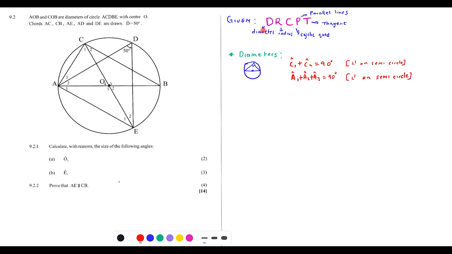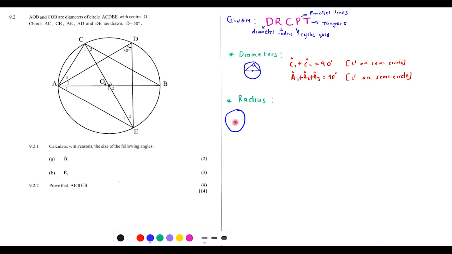The next one here is radius. Do we have radius here? Of course we do: OA, OC, OB, OE are radii. So here we're going to take out the information that we have about radius. When you see the word radius, two things should come into your mind. Firstly, the theorem that says angle at center is twice angle at circumference, because that one has a radius in it.